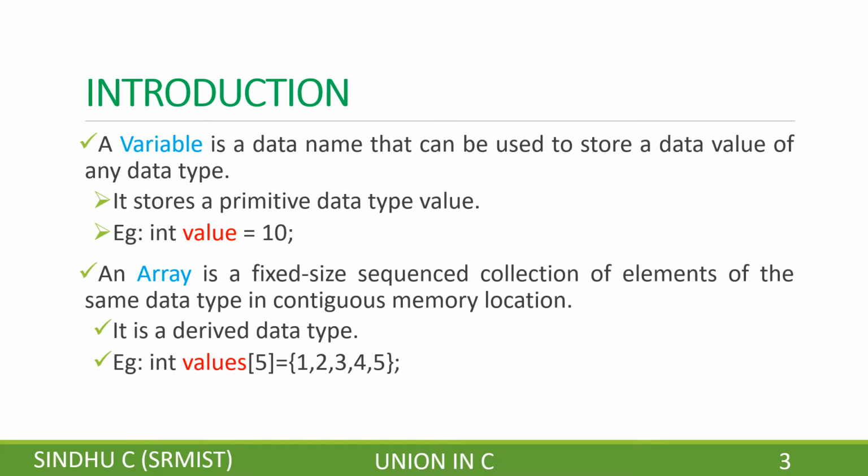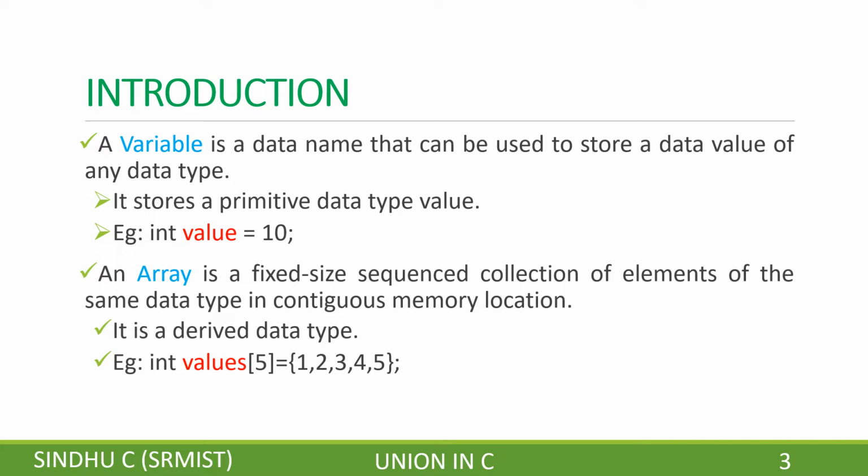Secondly, we will be analyzing what is an array variable. An array variable is a fixed size sequenced collection of elements of the same data type in contiguous memory location. It is of the type derived, where you can have multiple values of the same type. So let's have an example. int values, inside the square brackets we have 5, which means we can store 5 values of the type int.